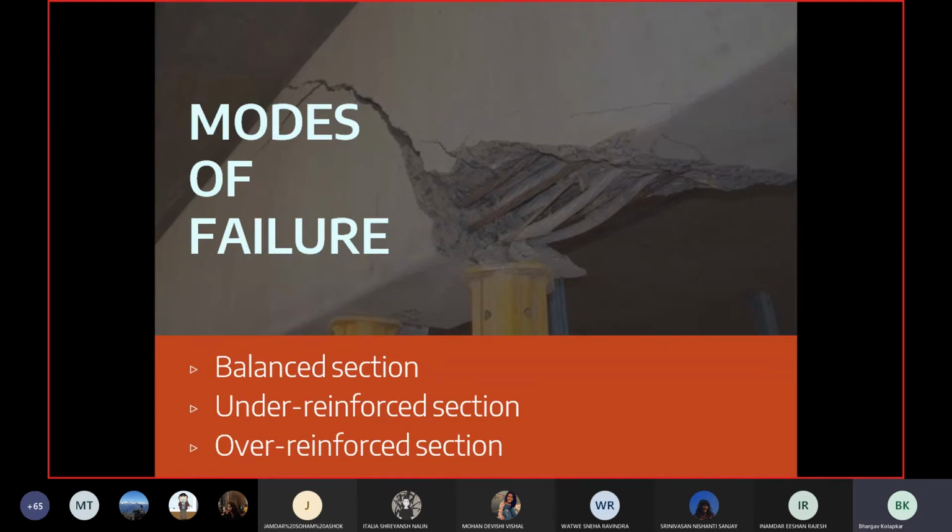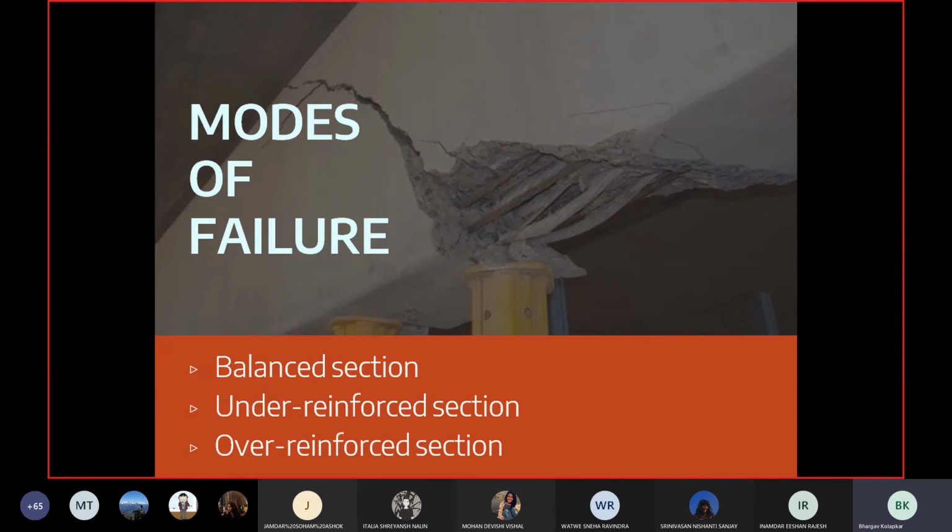Now you start loading the beam gradually, slowly. As you start loading it, ignore the self weight for the moment, the compressive stresses are going to increase. The compressive strains are going to increase. The tensile strains are going to increase.